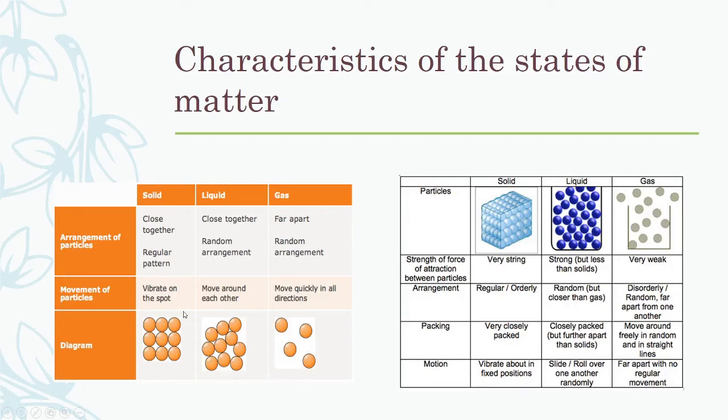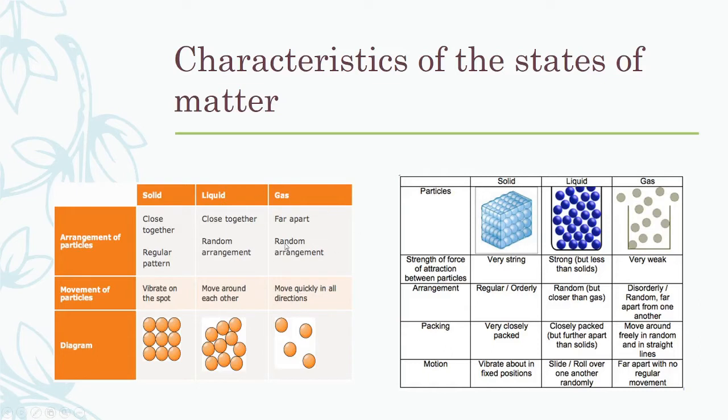They are in a fixed position where they cannot move. They only vibrate on that spot. A liquid moves around each other. It does not have such forces of attraction that it cannot move away, just like gases, but it has lower forces of attraction than solids, and the atoms move around each other constantly.